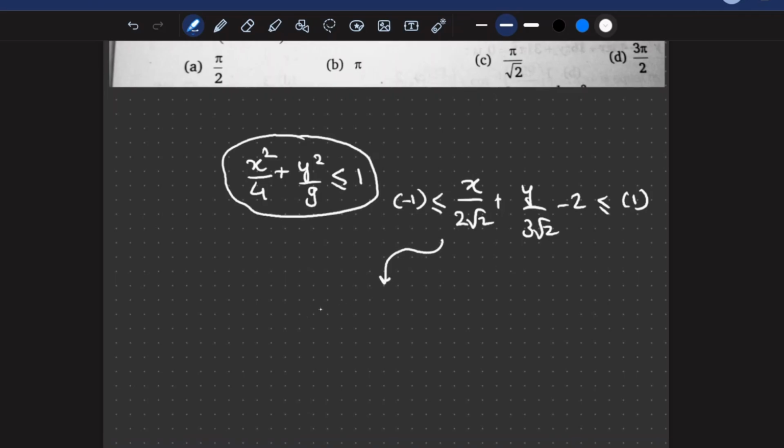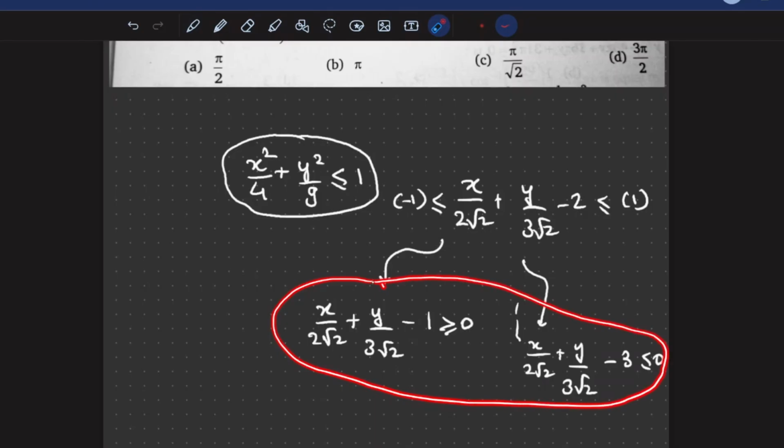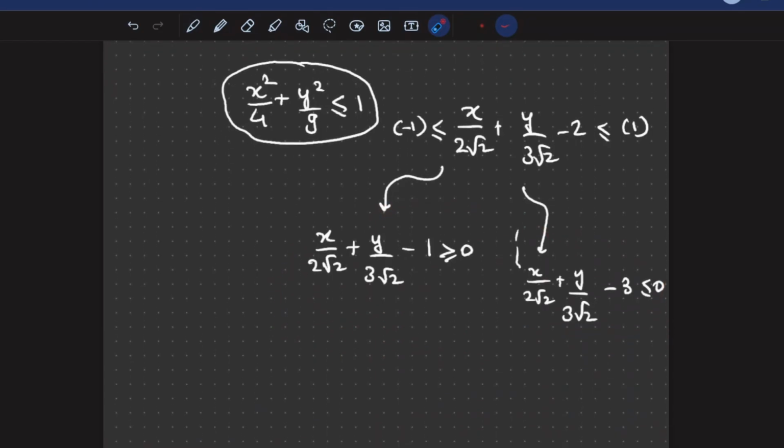One would be x by 2 root 2 plus y by 3 root 2 minus 1 greater than or equal to 0, and one would be x by 2 root 2 plus y by 3 root 2 minus 3 less than or equal to 0. So this whole equation, including these two lines, represents the area between two parallel lines.